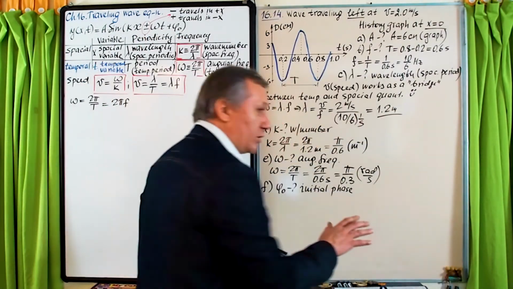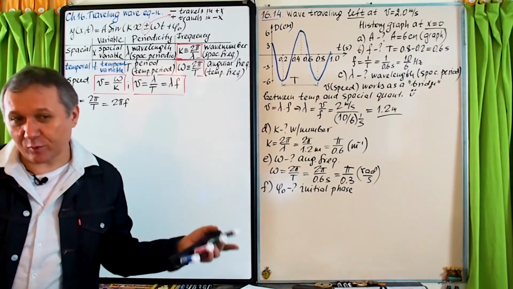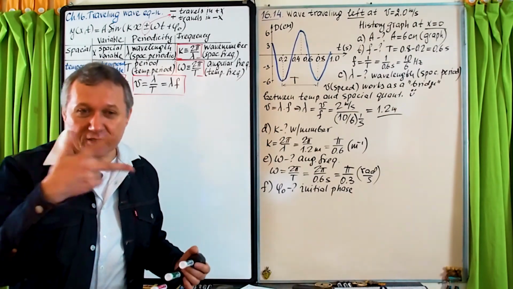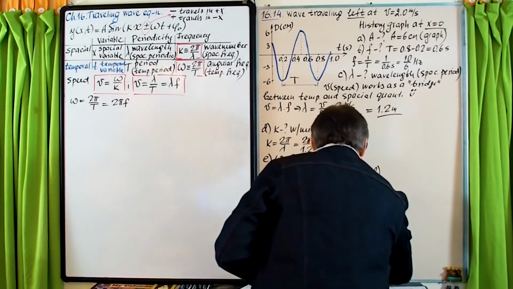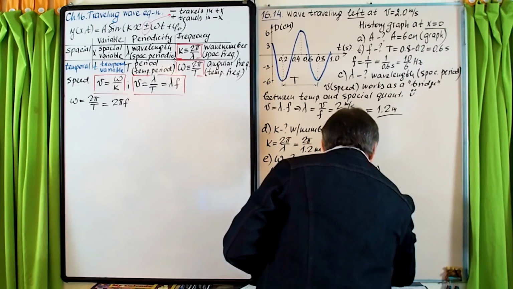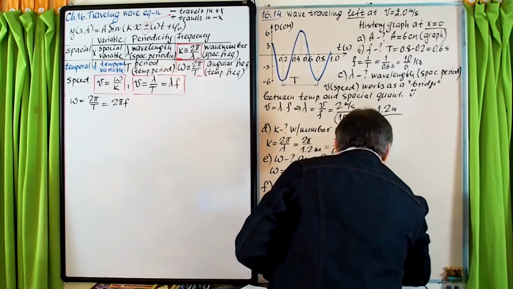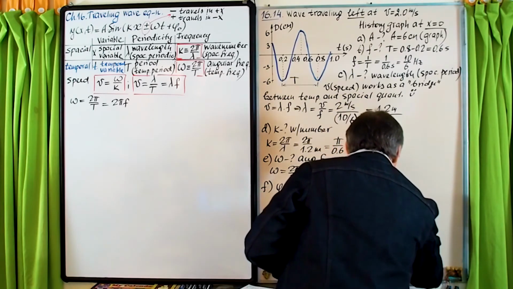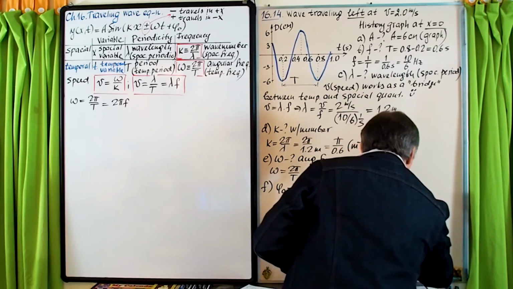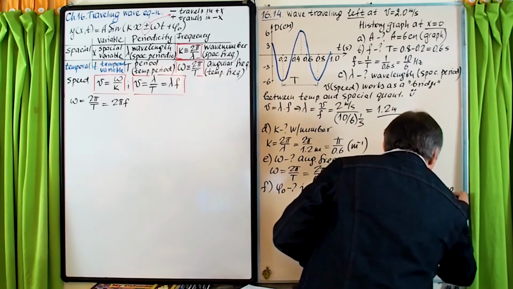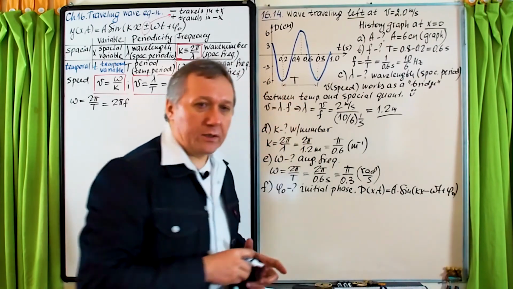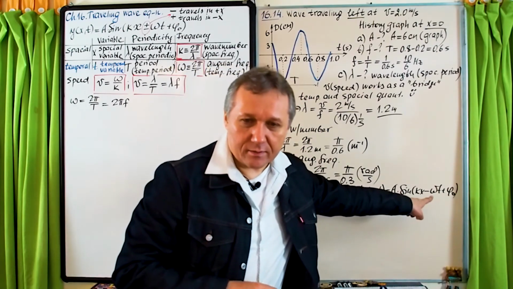First, the equation in general, and then we will pick a point in space and time in order to find phi naught. So let me write d as a function of x and time equals amplitude times sine of kx minus omega t plus phi naught. Okay, it's not minus, right?